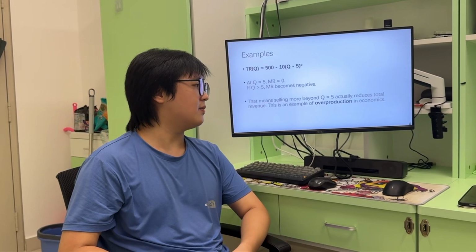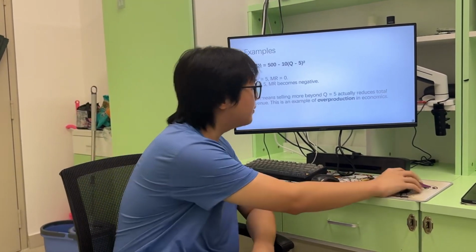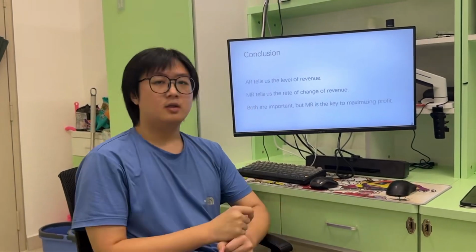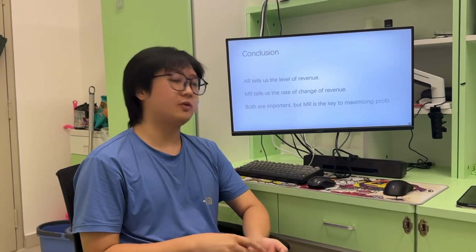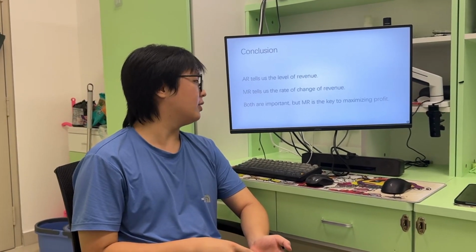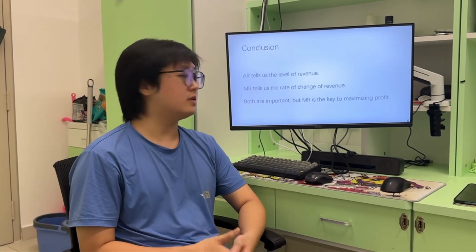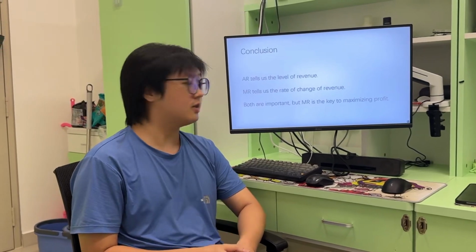This is an example of overproduction in economics. In conclusion, AR tells us the level of revenue, and MR tells us the rate of change of revenue. Both of them are very important, but MR is the key to maximizing profit.